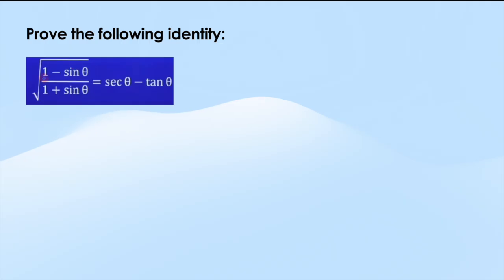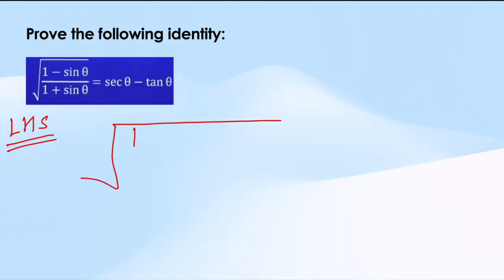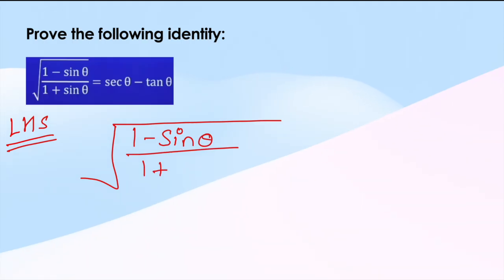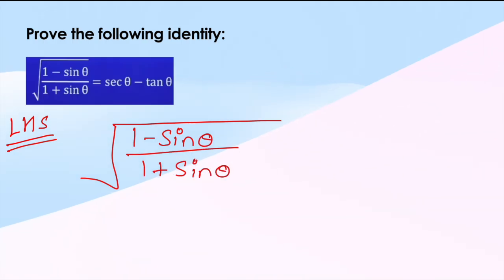It is sine and you have to convert into sec and tan, right? Sec and tan. And everything is in the root as well. Let's take the LHS again. Under root, 1 minus sine theta divided by 1 plus sine theta. I don't know what we should do here.